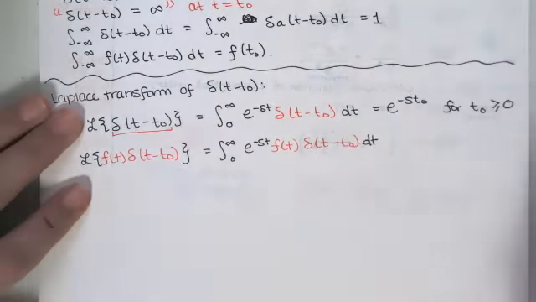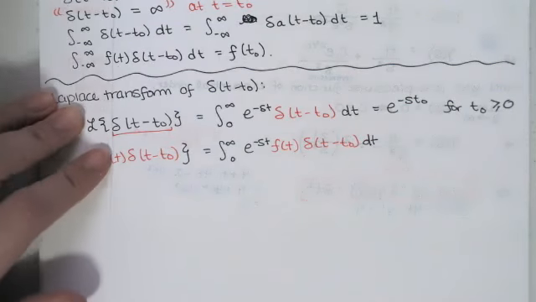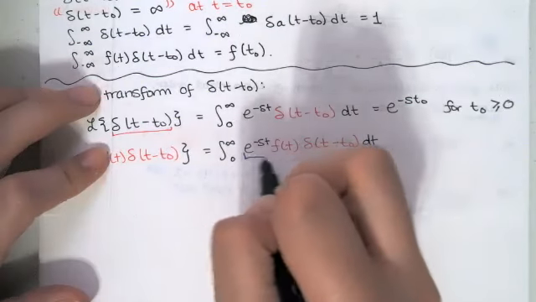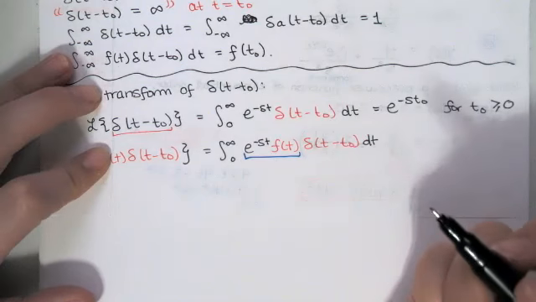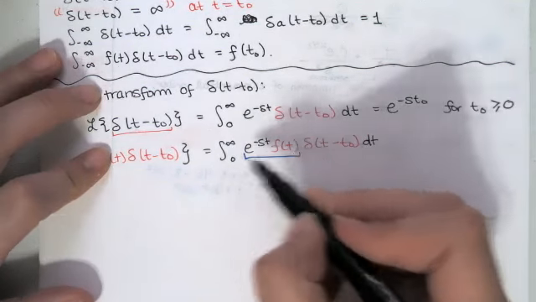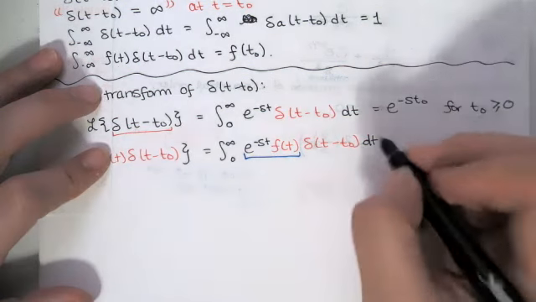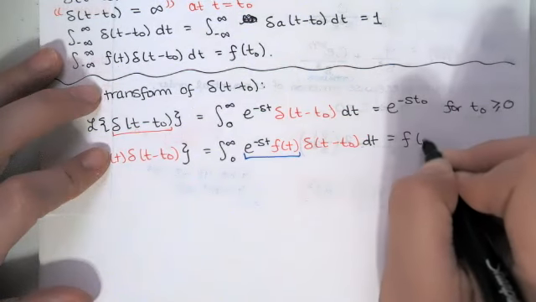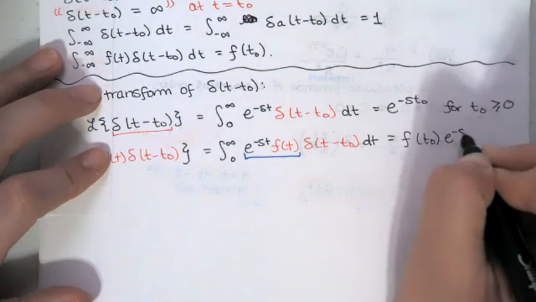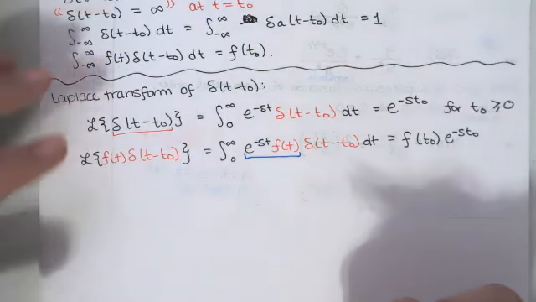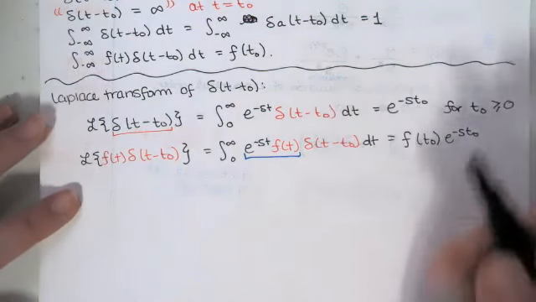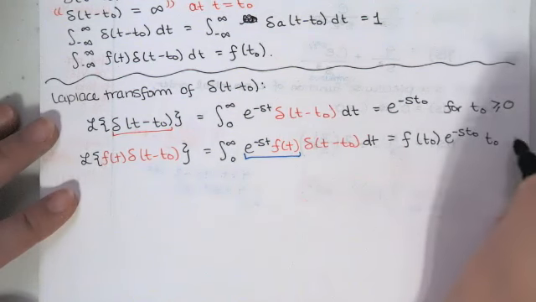And then again, this is a shifting function. When you take a function and multiply it by Dirac delta at t minus t naught, it gives you the value of that function back at t equals t naught. So what we get is f evaluated at t naught times e to the negative s times t naught, provided that t naught is greater than or equal to 0.